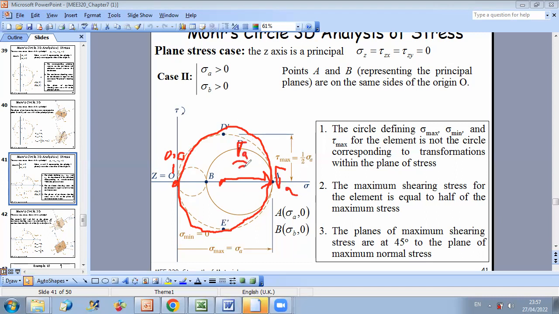And then the maximum shear possible in this case is equal to sigma A over 2, and it's not in plane AB, it's in plane AO.